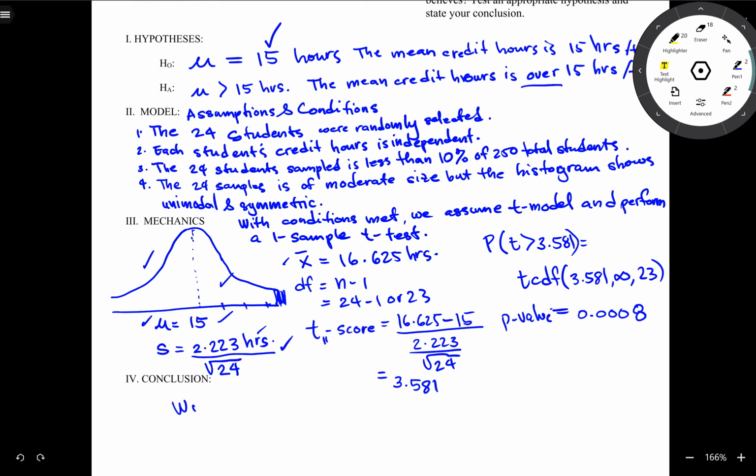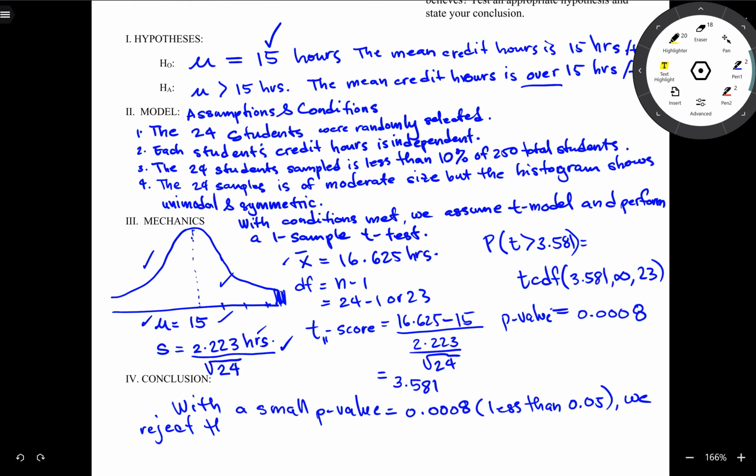And then we write the conclusion now. With a small p-value equal to 0.0008, this is less than, remember our unusual is 5%, 0.05, and so we say we reject the null.